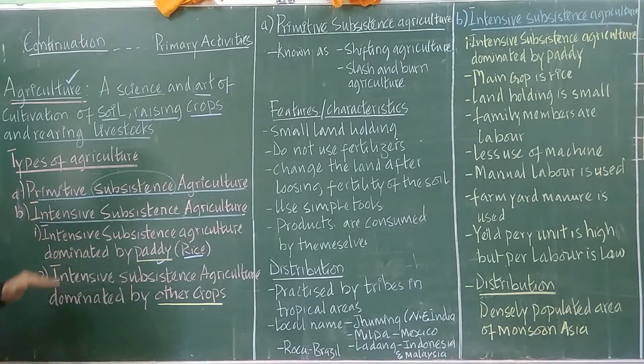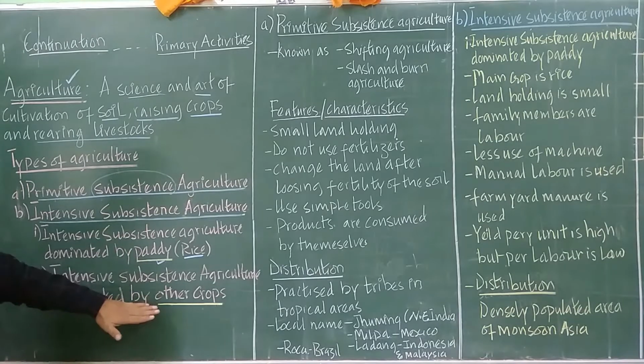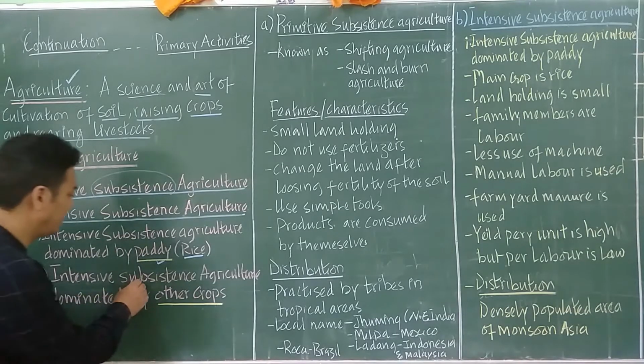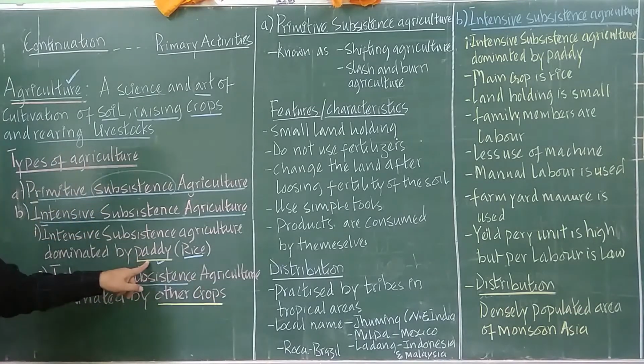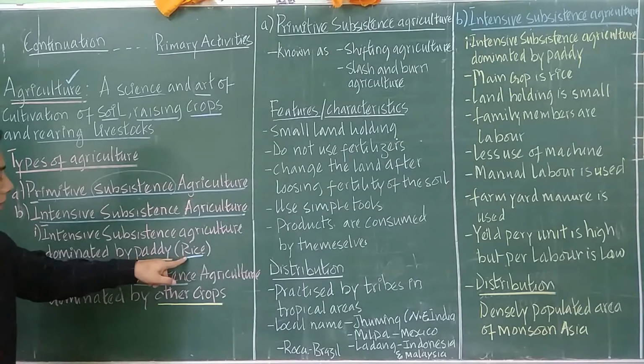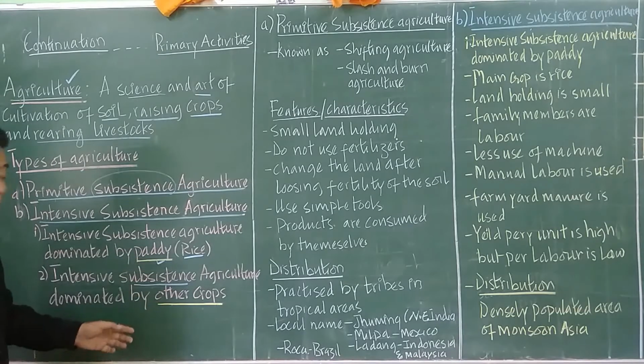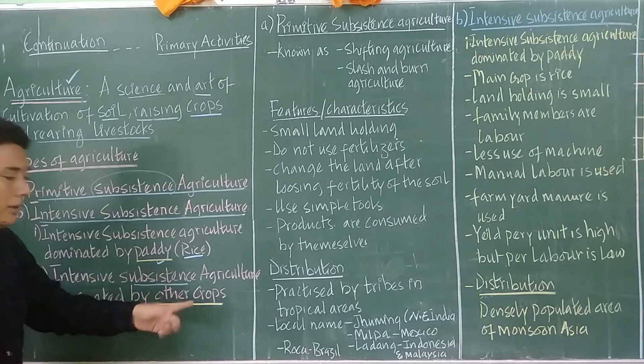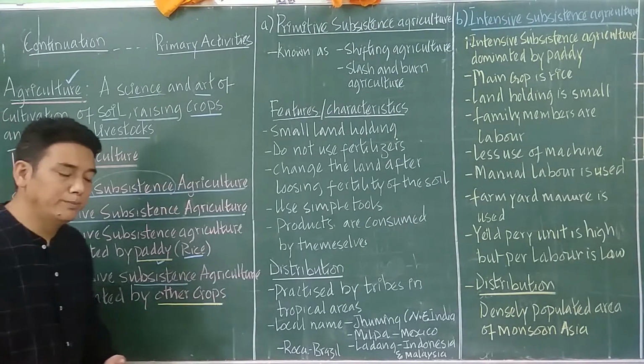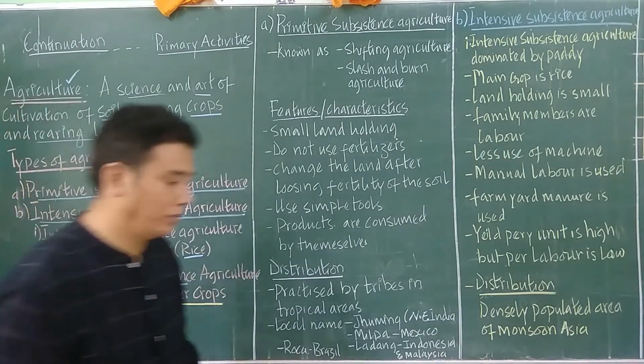So these are the types, and in some areas the cultivation is dominated by rice, and in some areas it is dominated by other crops that may be wheat, barley, rye, and so on.